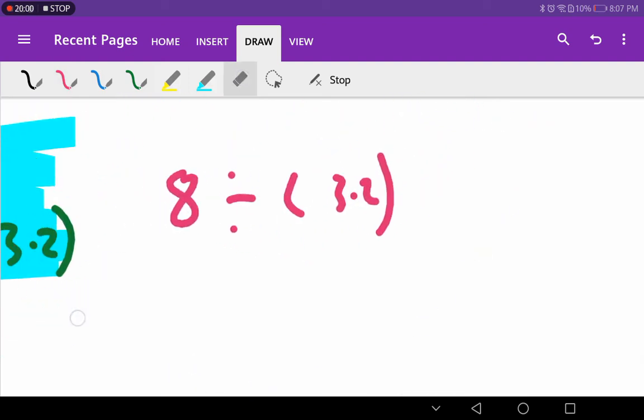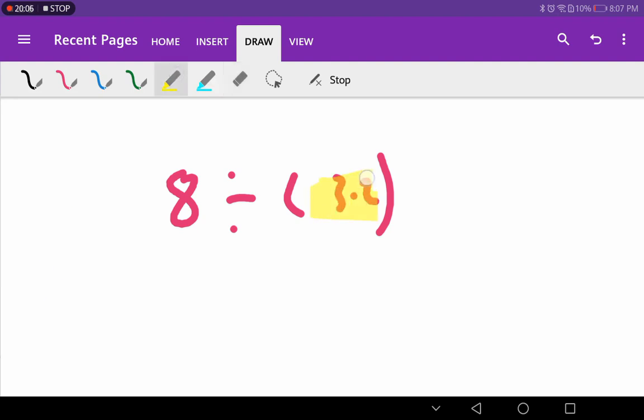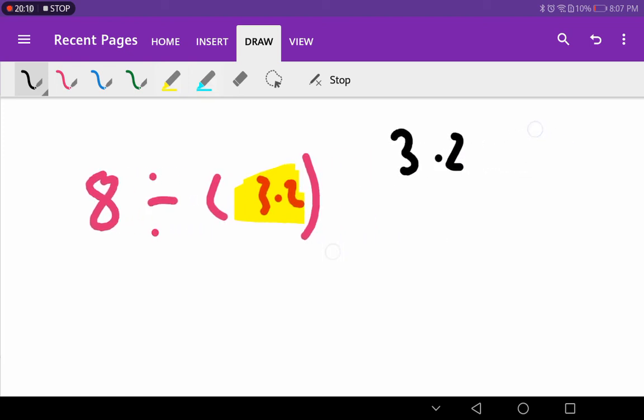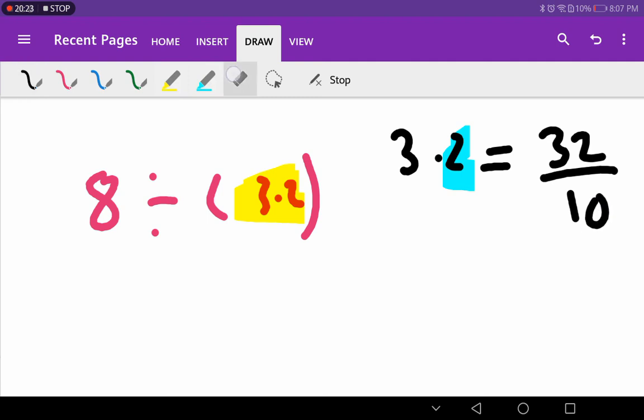Now, this one, the 3.2 here, I write it as a fraction. It equals 32 over, take a breath, how many digits after the decimal? One digit, so over 10. So I replace this by 32 over 10.